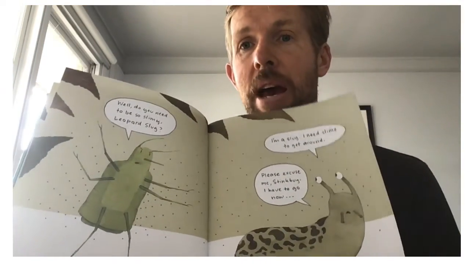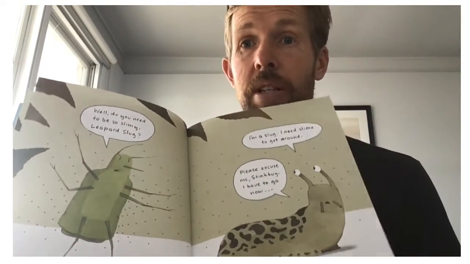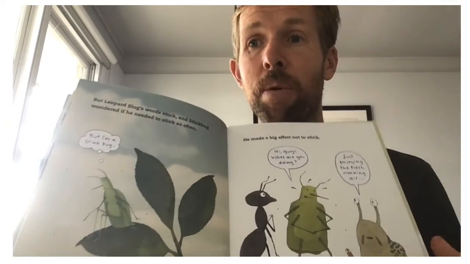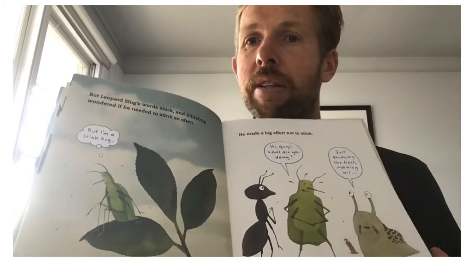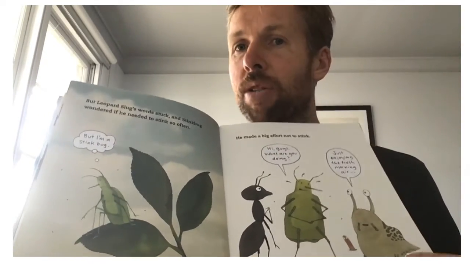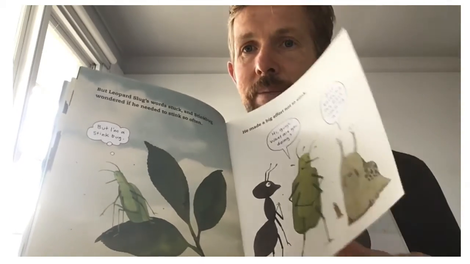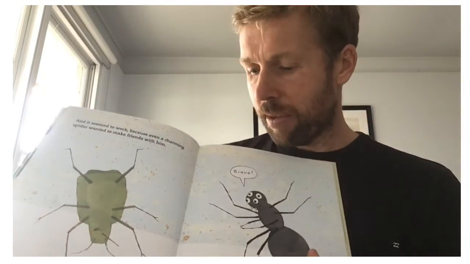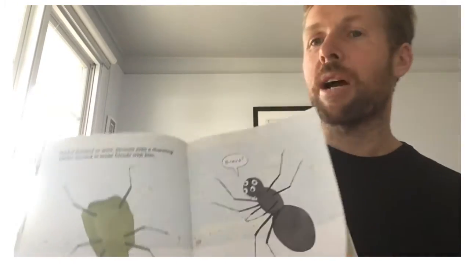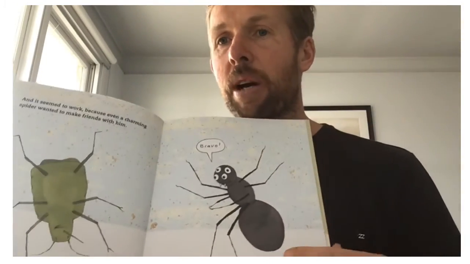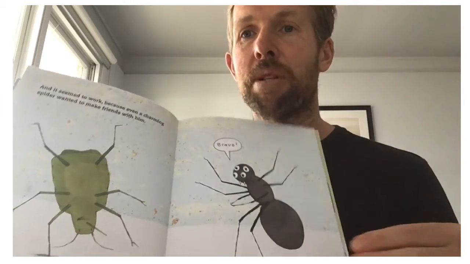Stink Bug got mad, and he wasn't very nice to Leopard Slug, but it made him think a little bit, poor old Stink Bug, because the picture's showing him thinking there. That helps us with our retell. And he thought, well, maybe I'll try not to stink so much. And while he was doing this, he met a charming spider who thought Stink Bug was pretty cool.